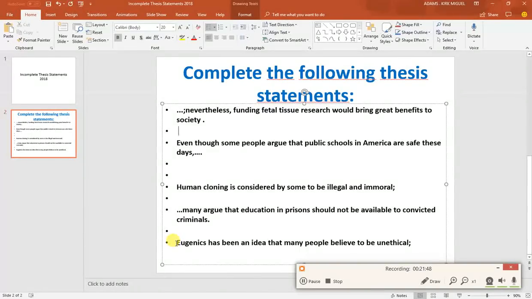So the last one, students always ask, well, what is eugenics? Eugenics is a form of genetic modification.